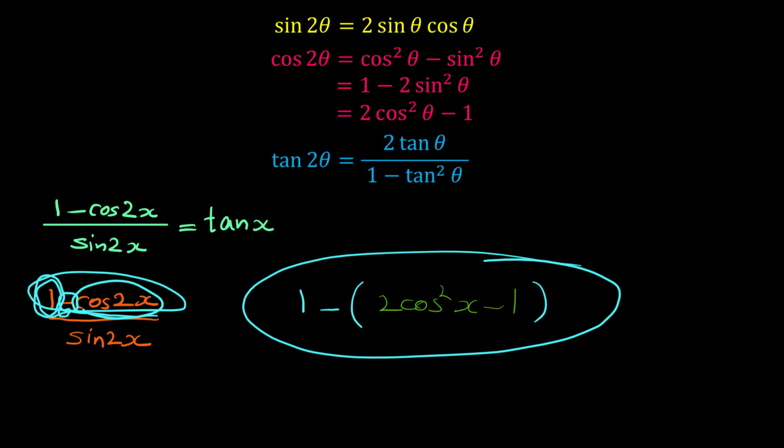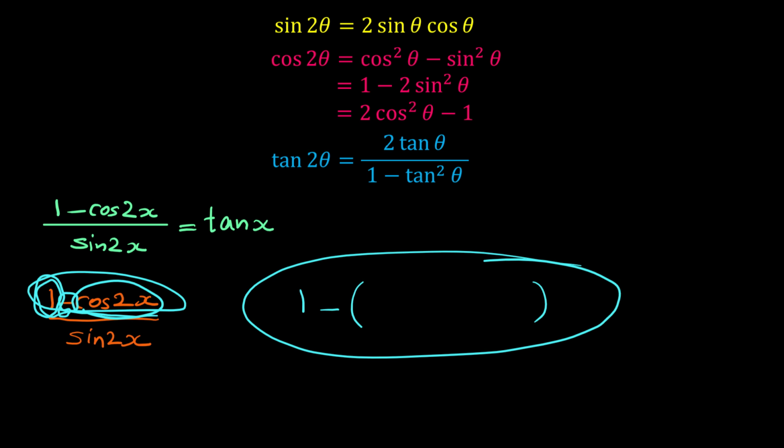Then what happens? You have 1 minus negative 1, which is 1 plus 1, so you have 2 minus 2 cosine squared. So nothing simplifies. So probably a better idea here is to use the middle one.